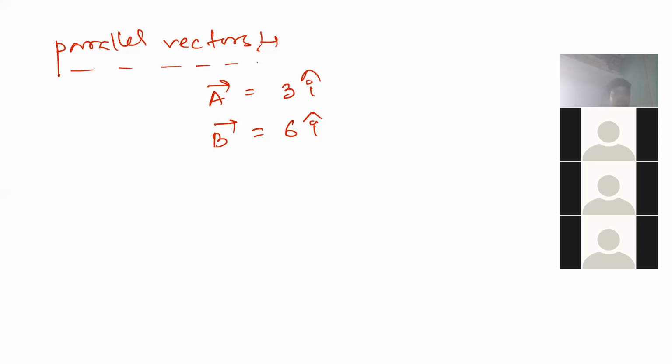In this case, in the two examples I have taken, I'm saying that these two vectors are parallel in nature. Why? Because they both have the same direction, but the magnitude of one vector is a multiple of the other, because 3 twos are 6. We can see they both are working in the same direction. So that's why these two vectors are parallel in nature. If I find out their magnitudes, it will be easy, because the magnitude of A vector equals 3 and the magnitude of B vector equals 6, right?